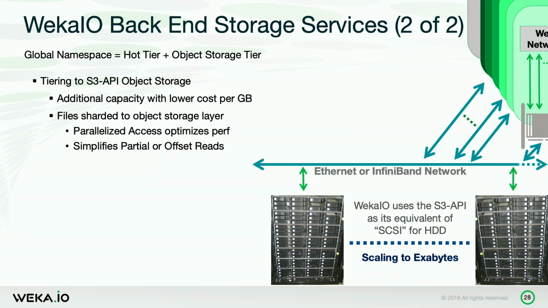So the way we talk to hard disks is through S3. We can scale this to exabytes because that's what's available. The name WekaIO comes from Weka, the Greek prefix for 10 to the 30th, so that's a little joke. Exabytes or even wekabytes.